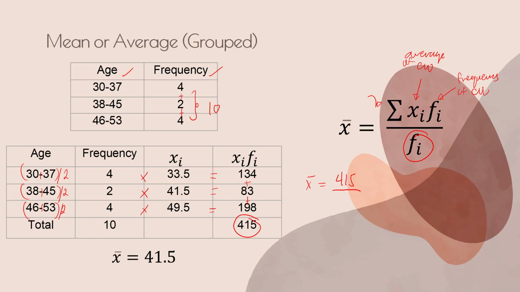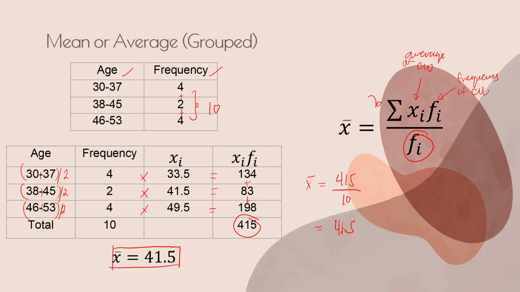And so you divide it by 10. And finally, you have 41.5. And then we box our final answer. Okay, so that would be our mean or average for grouped data. Relatively simple, but a bit more complicated than our simple mean for ungrouped data.